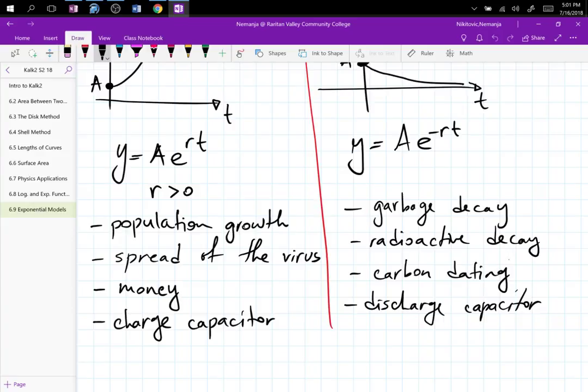So all walks of life are represented, and I only have 8 different applications. There is much more: we can pinpoint particular problems in physics, chemistry, biology, and other sciences to find even more applications.